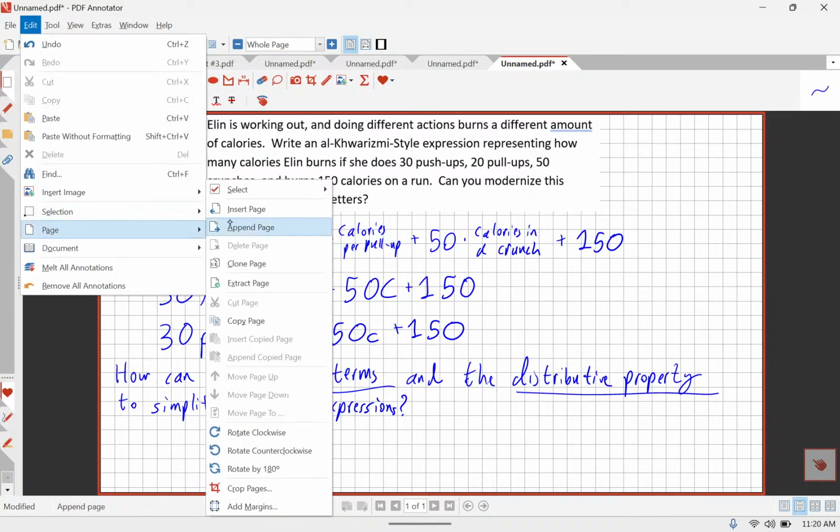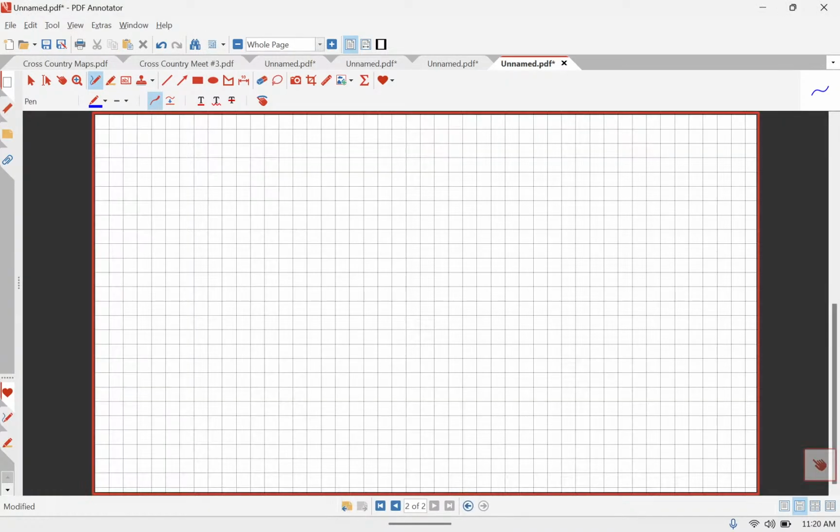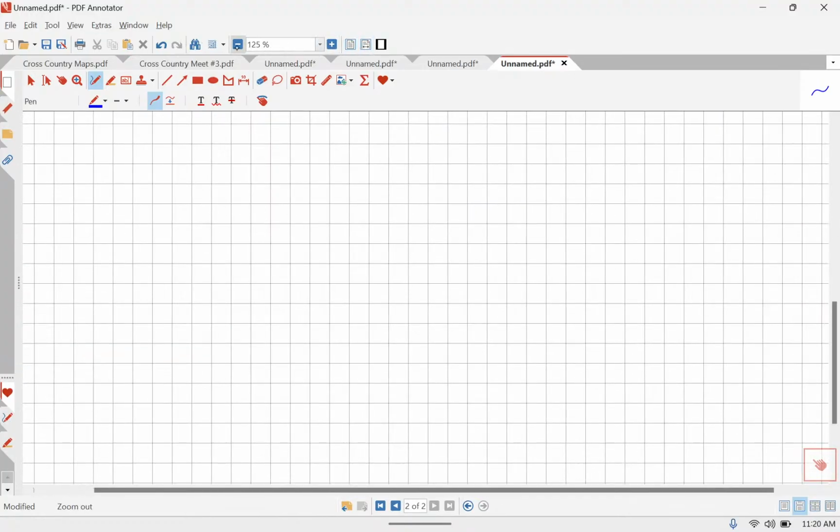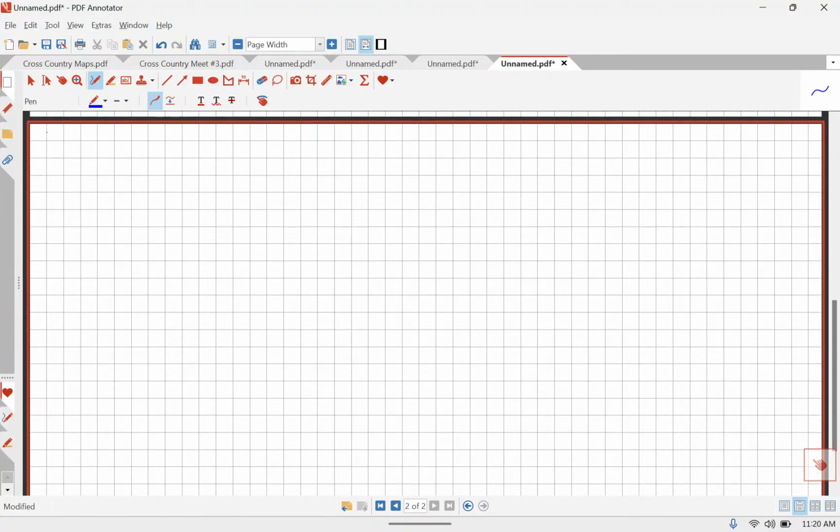Here we go. Underneath all this, got a pencil? Okay. So, today we're going to talk about the distributive property and combining like terms.